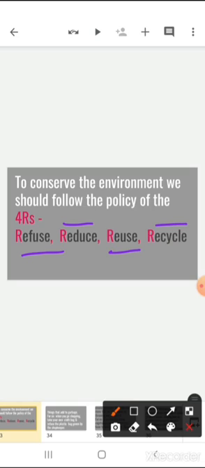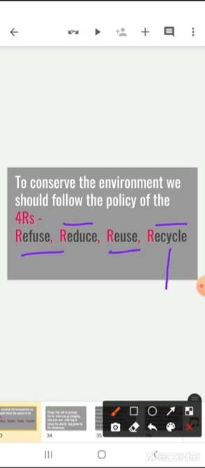Recycle means if the things are not reused, they can be sent to some place, and from there they can be made into new things, like old newspapers and magazines used for making paper bags or envelopes.